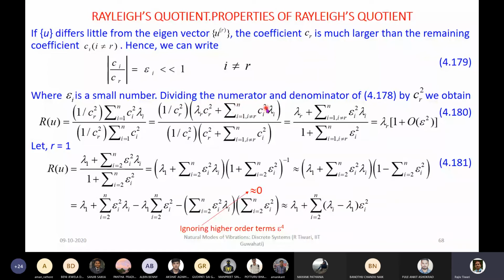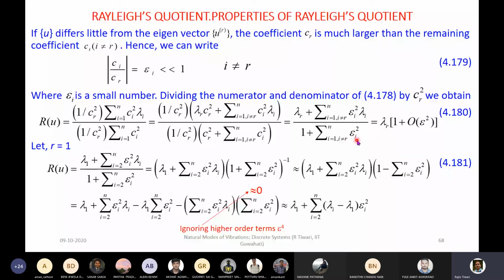So Ci square by Cr square will be nothing but lambda I square according to this definition. So this Ci square by lambda I have written as epsilon I square lambda I. Similarly, in the denominator, this will become 1 and this will become epsilon I square.